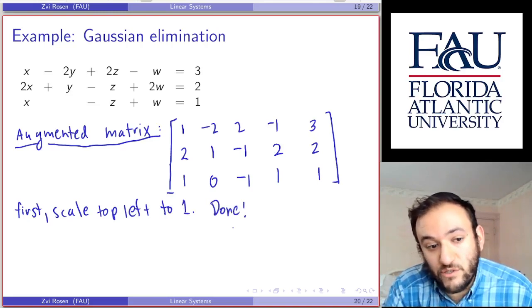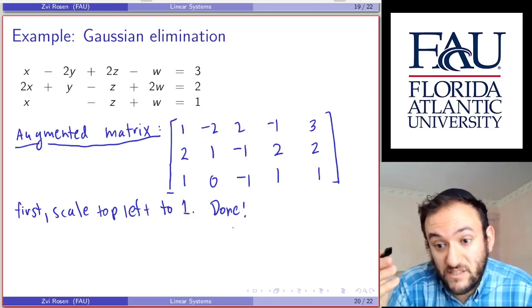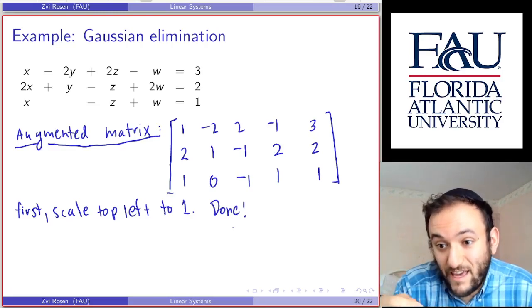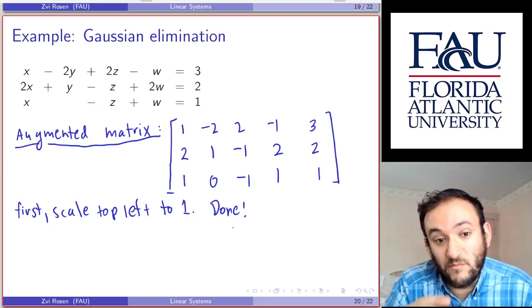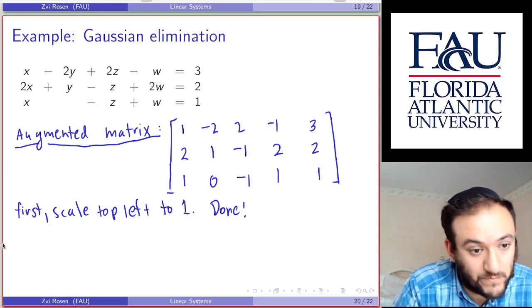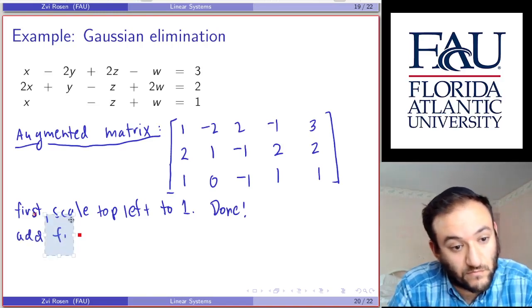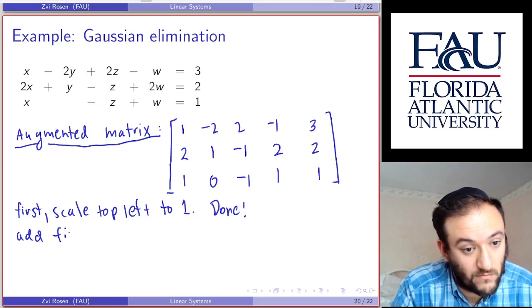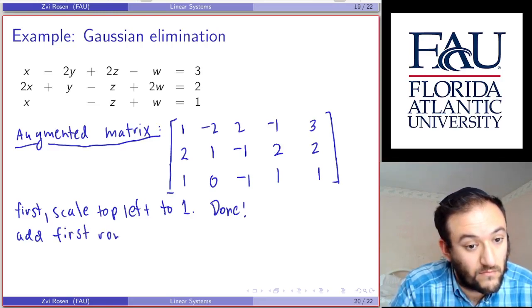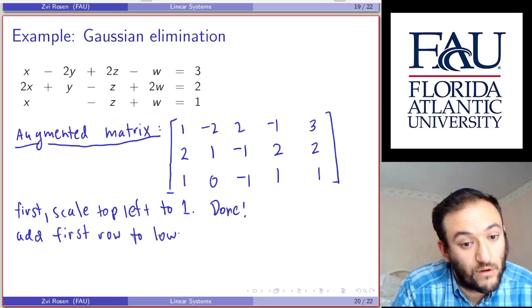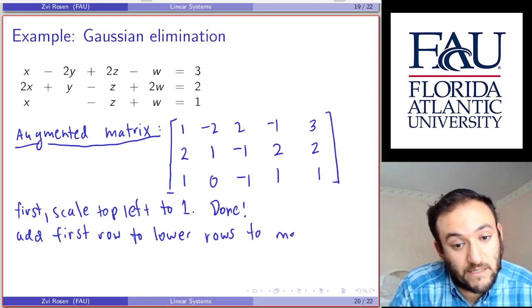Okay, the next thing we want to do is use multiples of that first row to get rid of the elements below it. So add first row to lower rows to make entries 0.